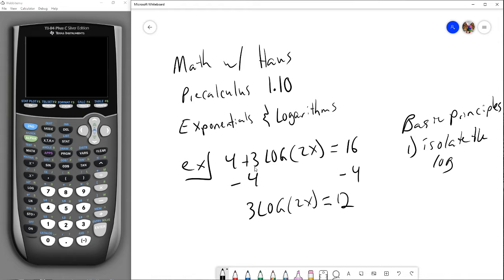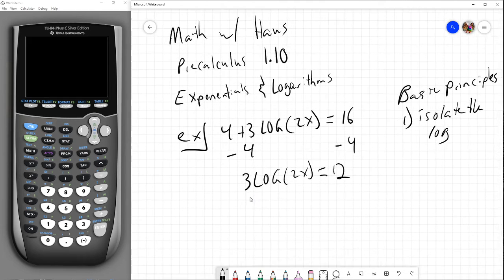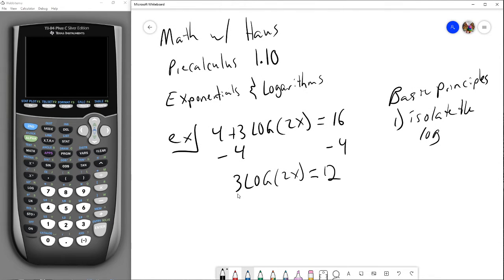Now, there are two ways I can go about dealing with this coefficient. One would be using this law of logs, where we know that c times log of a is equal to log of a to the c. Now, this way would make our problem a little more complicated later on, precisely because we would have a quantity of 2x that is raised to the third power, when what we can do right now is just simply divide by 3.